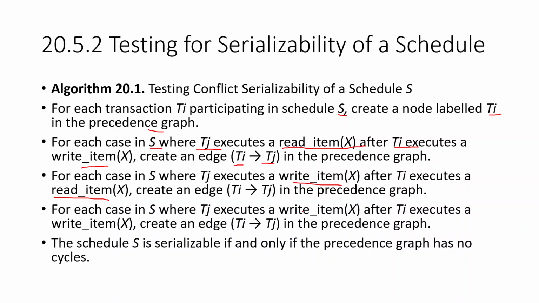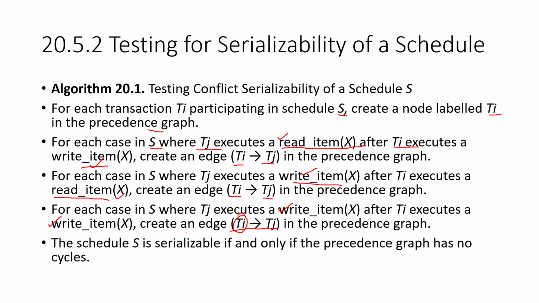Ti executes the first conflicting operation, so the edge is from Ti to Tj. And similarly, the other conflict is between two writes. Conflicting operation means you have a read item in Tj and a write item in Ti, or a write item in Tj and a read item in Ti, or both are writes. Either way they're conflicting, and the edge is from Ti to Tj when Ti executes the conflicting operation first.